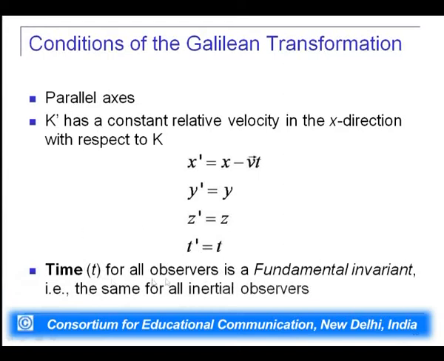The time t for all observers is a fundamental invariant, the same for all inertial observers. The t value will not change, and the axes in which the frame is not moving will not change, only the axis in which the frame is moving will be changed.